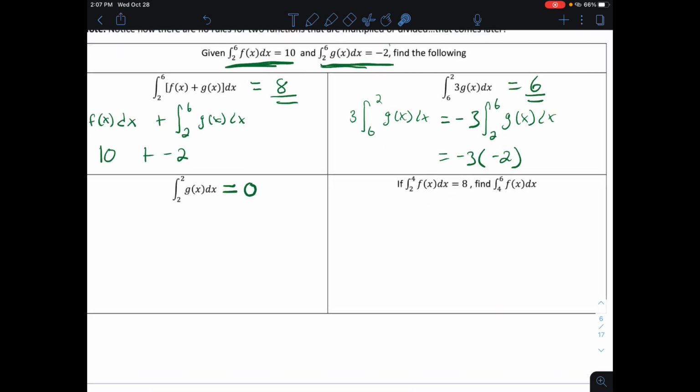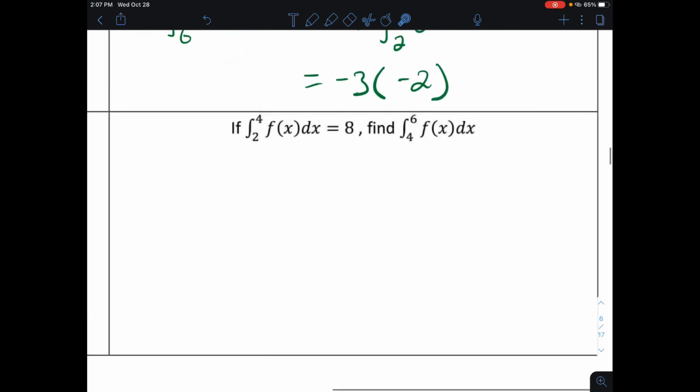And lastly, let's look at this piece here. I'm redefining something here. I am given that the value from 2 to 4 for f of x is going to equal 8, and I want to find the overall value from 4 to 6.